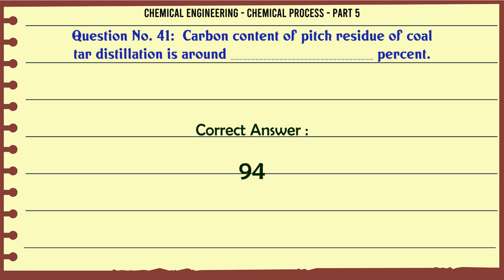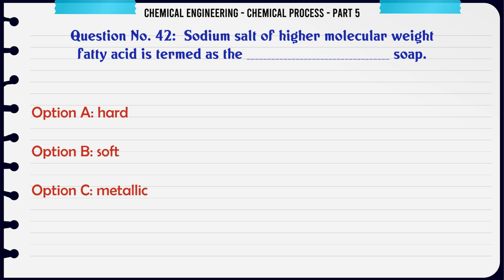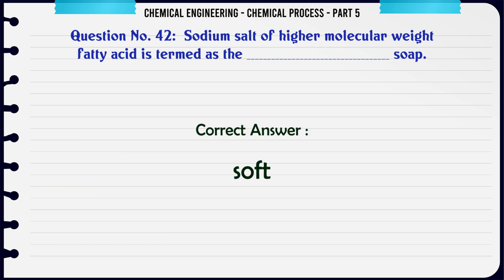The correct answer is 94. Sodium salt of higher molecular weight fatty acid is termed as the ___ soap. A. Hard, B. Soft, C. Metallic, D. Lubricating. The correct answer is soft.